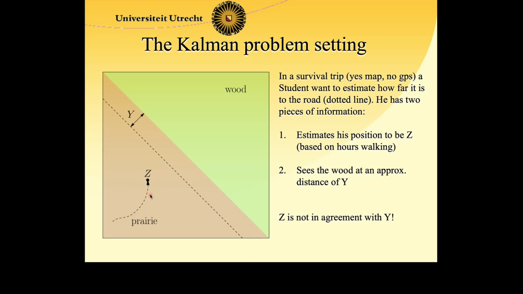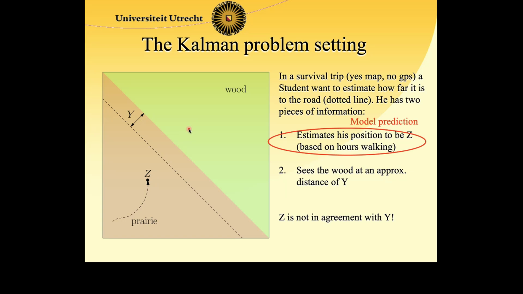You don't have a GPS, but you do have a map. So counting the paces or the hours walking from where you started, you know more or less where you are, with certain error compared to the road. But you also know from your map that you see the wood ahead of you, and you also know that this road is a certain distance from the wood.